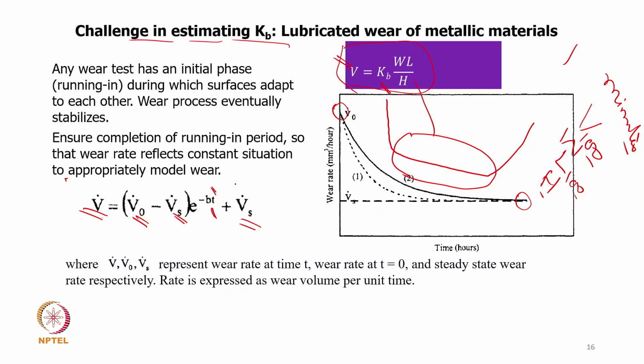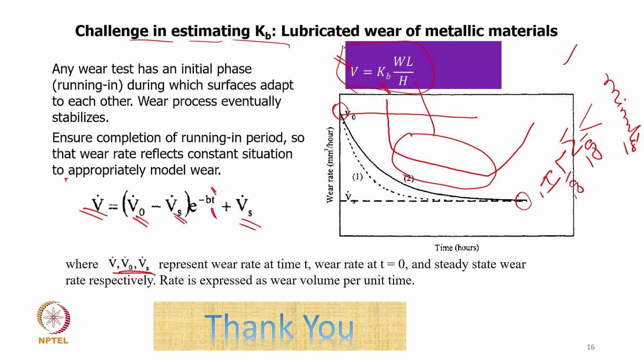If you utilize this equation, we may get a better value of KB. If we don't, and directly calculate KB, that means assuming the steady state behavior is starting from here itself, that is not going to give correct results. So this is important to account for, otherwise there will be errors, and results will not be believable. So with this, I say thank you for attending this lecture. Thank you.